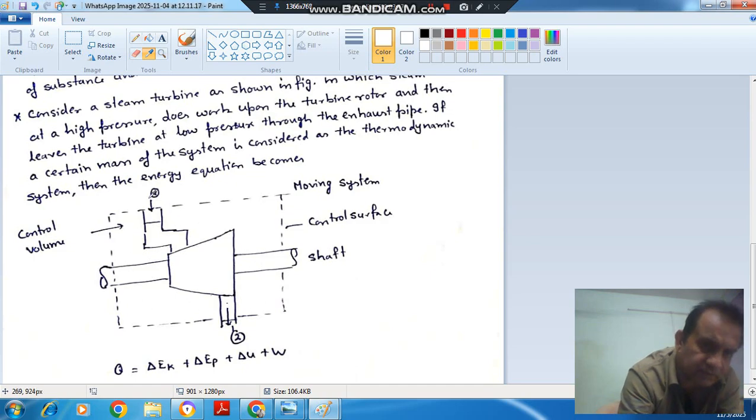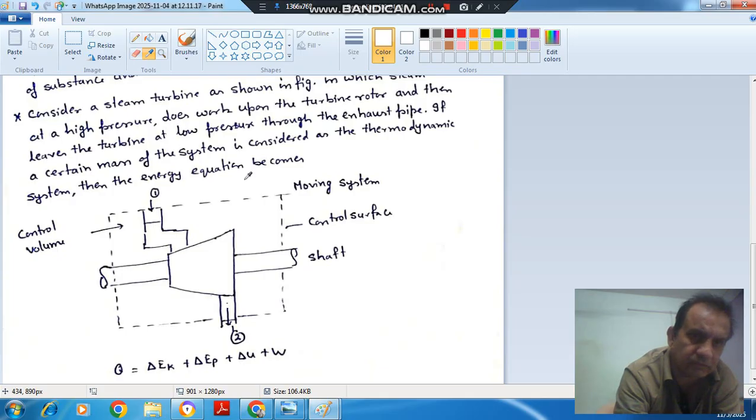When we consider mass as a moving system, the mass will enter here and we concentrate on the mass, it will run the turbine and will leave, then it is the Lagrangian approach. But if we consider a certain volume, shown by the dotted line, then mass is entering here and leaving here, and we concentrate on this particular volume. That is Euler's approach. So there are two approaches, one is the Lagrangian approach, the other is the Euler approach.